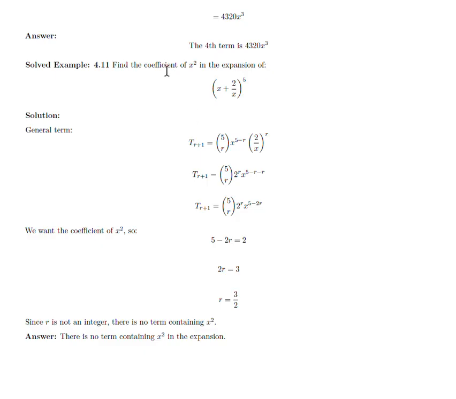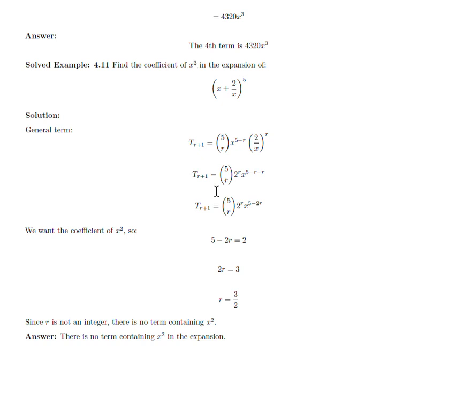Another similar question says find the coefficient of x squared in the expansion of x plus 2 over x all raised to power 5. Here, coefficient of x squared simply means that by the time we group all the x part of this term, the index should sum up to 2.